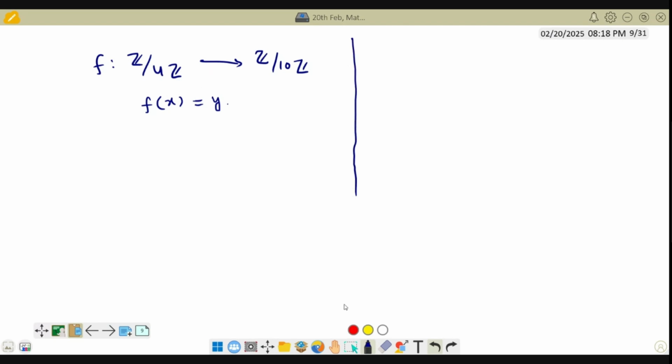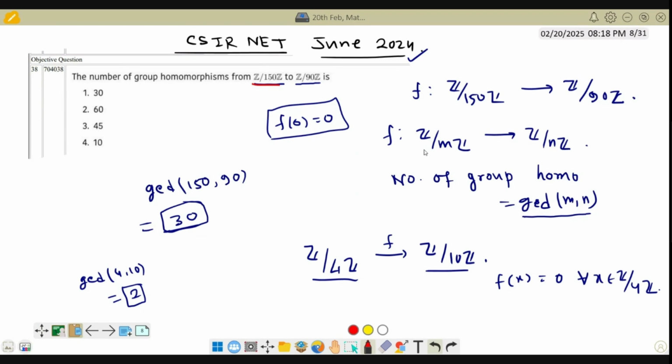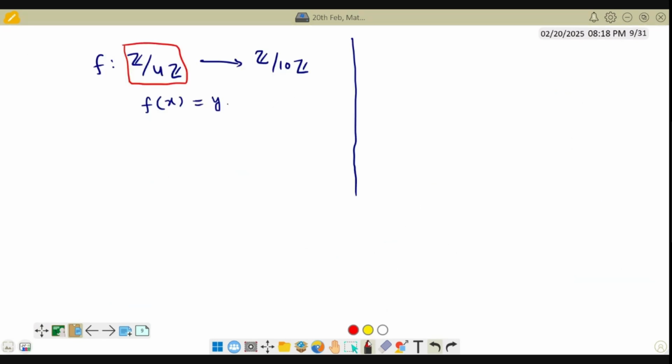So you have this group Z mod 4Z, and here also Z mod 150Z or Z mod mZ; all are cyclic groups. That means you are asked to find a group homomorphism from a cyclic group to any group. How will you determine this type of group homomorphism?